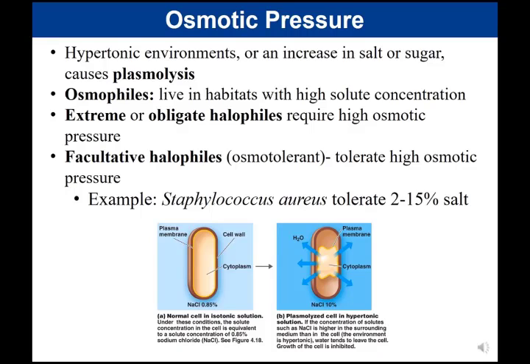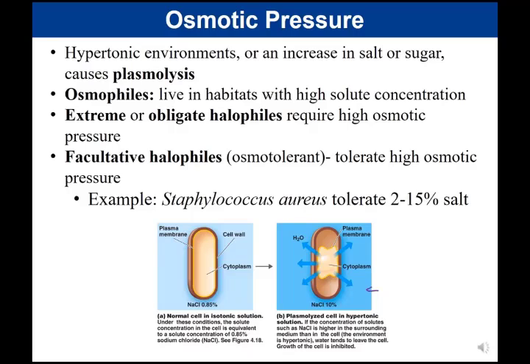When the salt concentration is higher on the outside, that means that there's more free water in the cell, and the water is going to move from its high concentration in the cell to the low concentration out. And so if you put a cell in a hypertonic solution, the water is going to come out.